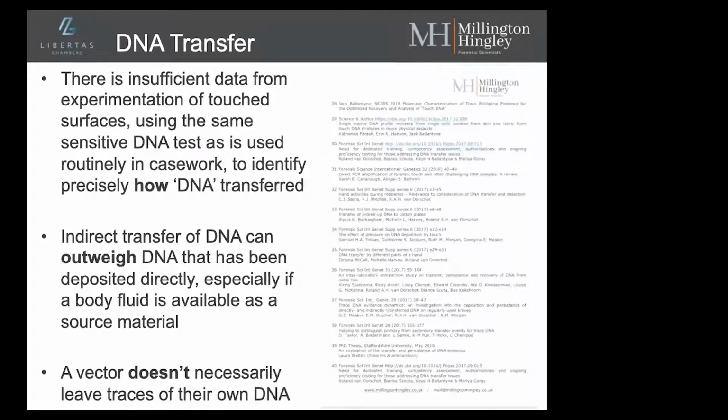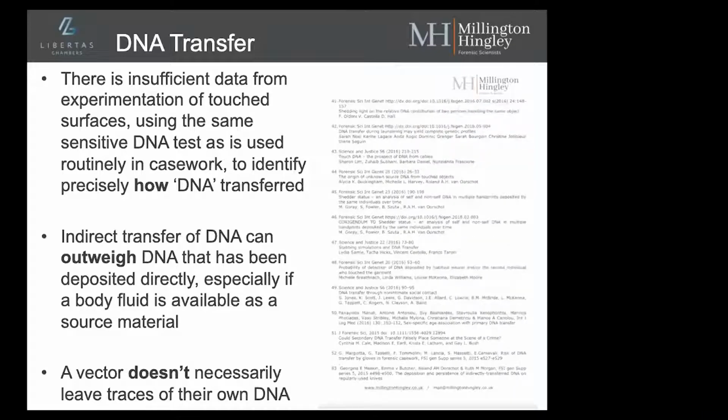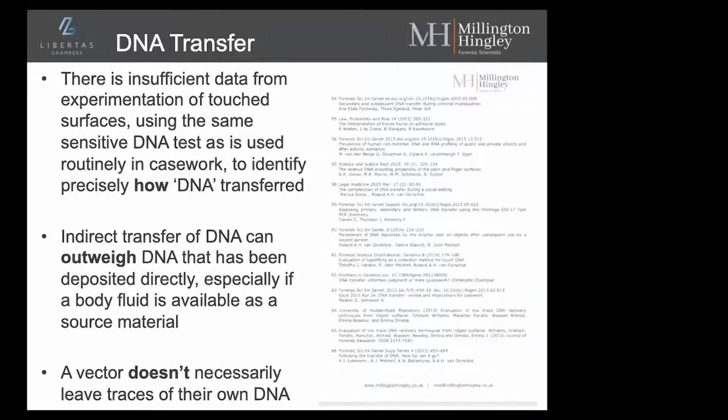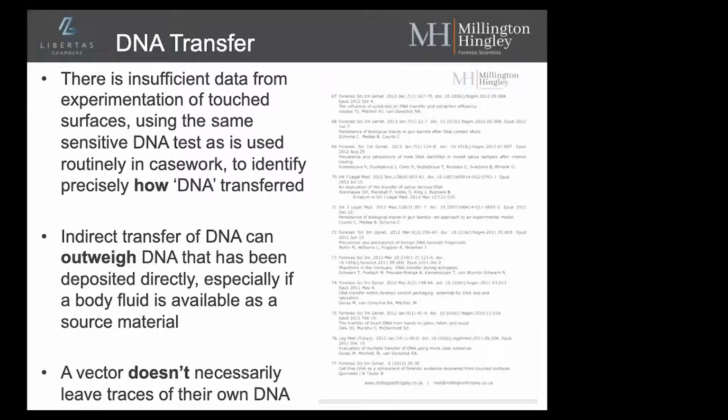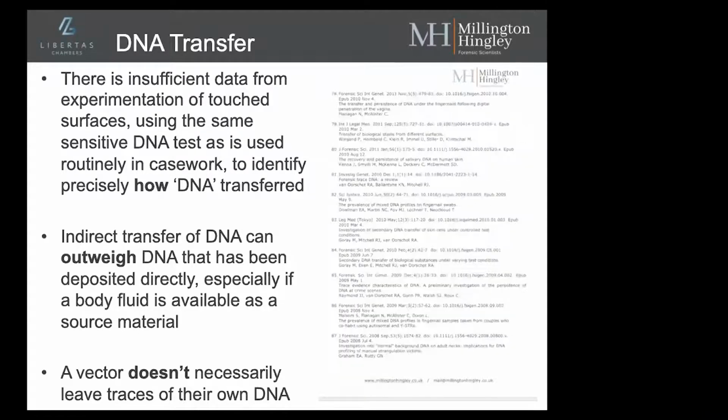I've already said that if we can attribute the DNA to a body fluid, we move into an area of certainty. But we don't always test for body fluids, so we might not know if a body fluid was actually there in the first place.